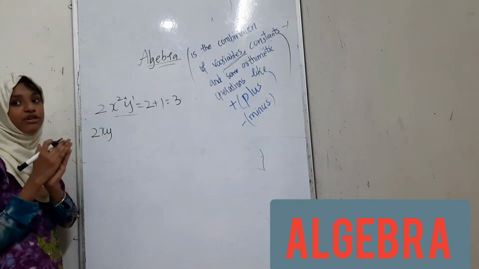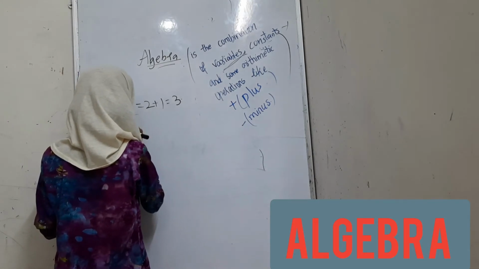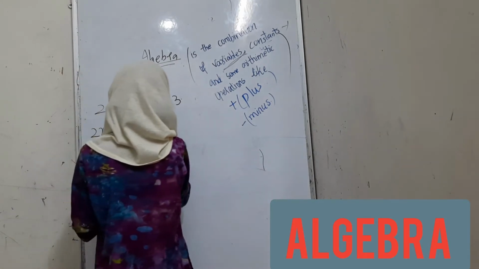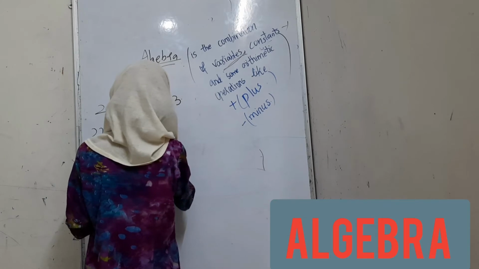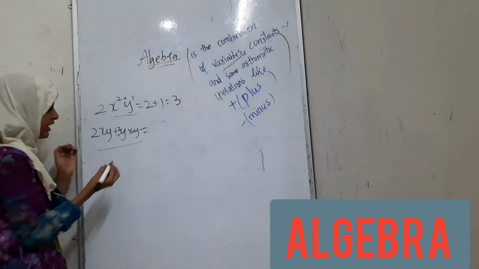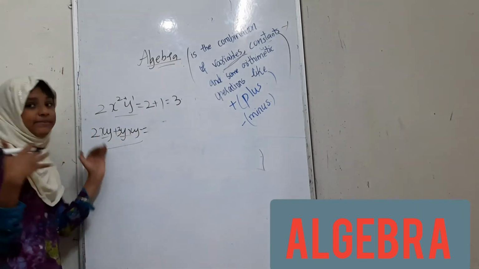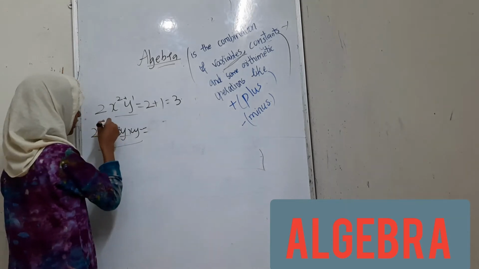Now let us know how to find the degree of a binomial. This is a given expression in which we have two terms, which is known as a binomial. Let's find the degree.